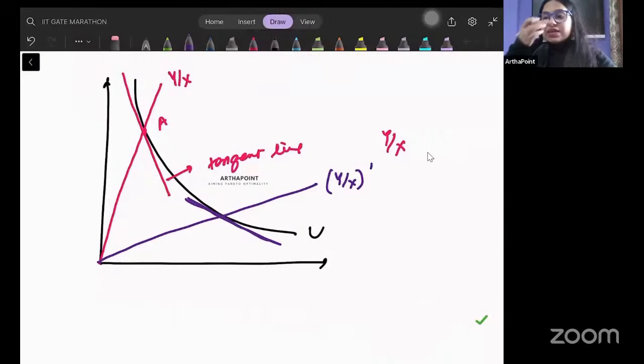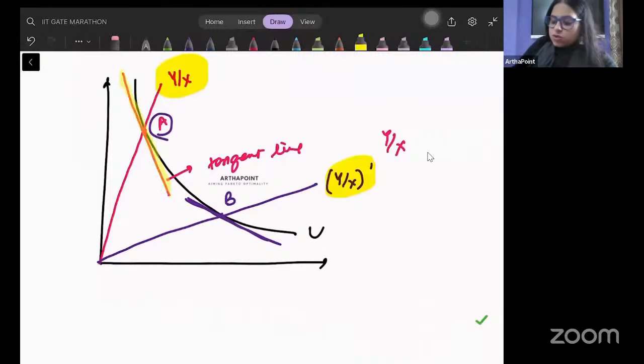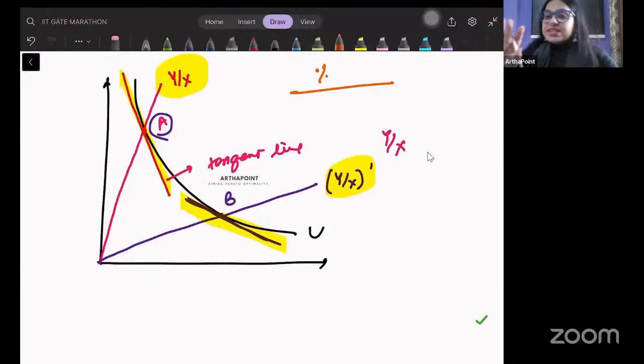So the elasticity of substitution is telling me that when I am moving from point A to B, this ratio is changing, and so is this slope. So what is the percentage change of the ratio and slope? That is what elasticity of substitution is telling me. I understand both are changing.